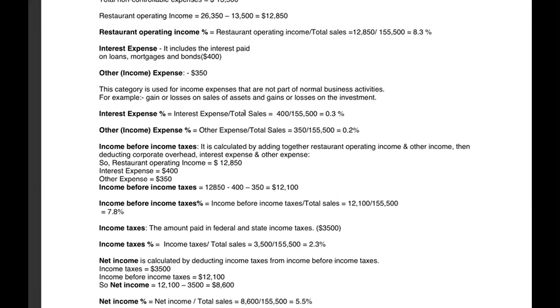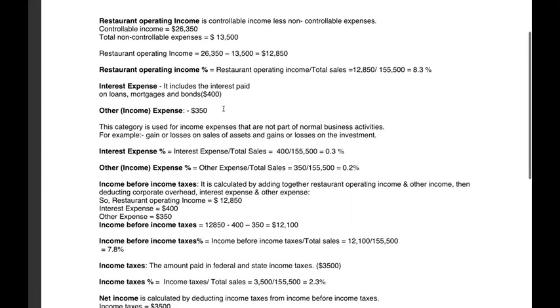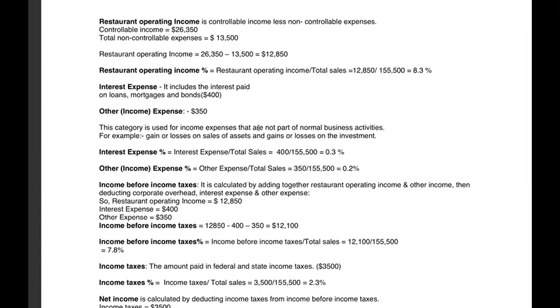We calculate the percentage the same way as restaurant operating income percentage: we divide interest expense by total sales. So it's 400 divided by 155,500, which gives us 0.3%. In a similar way, other expenses come to 0.2%.